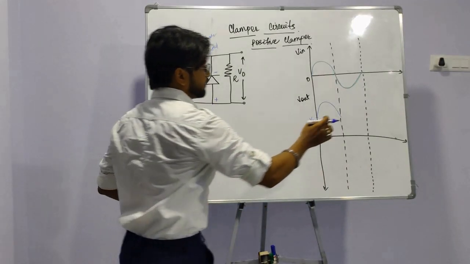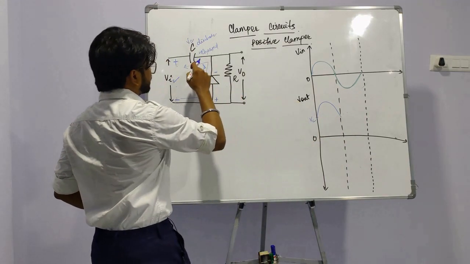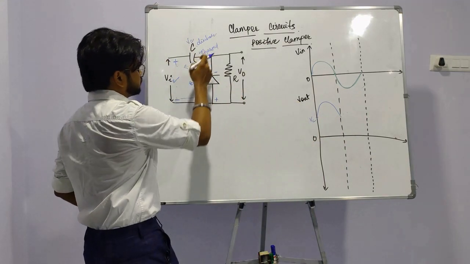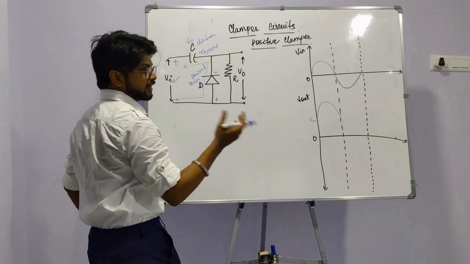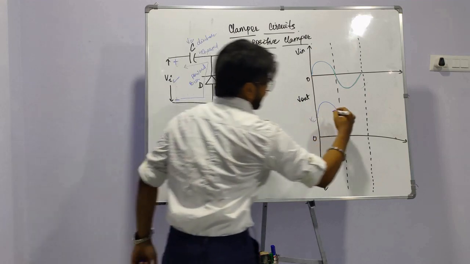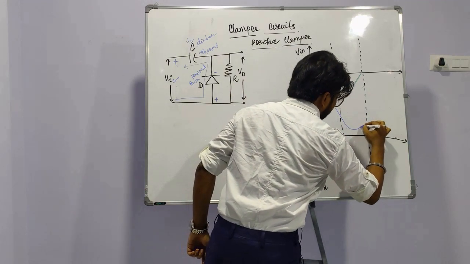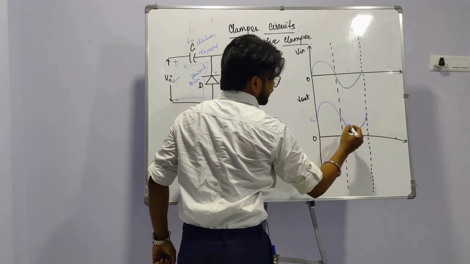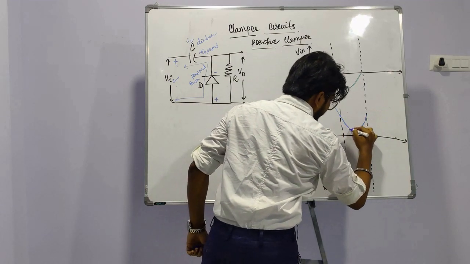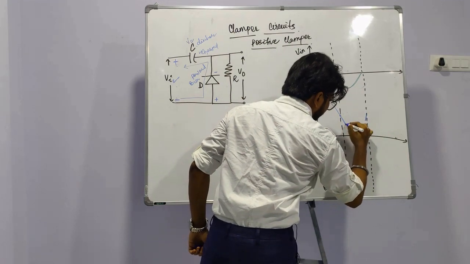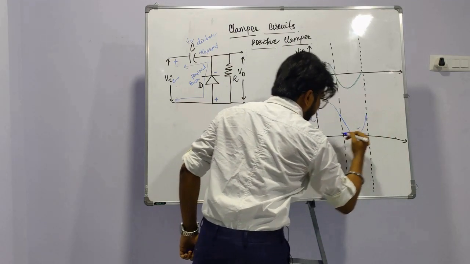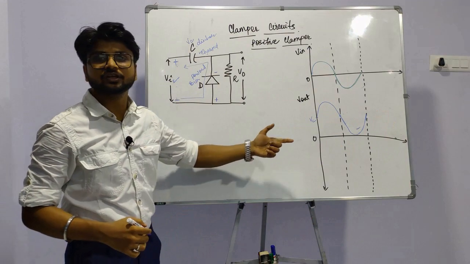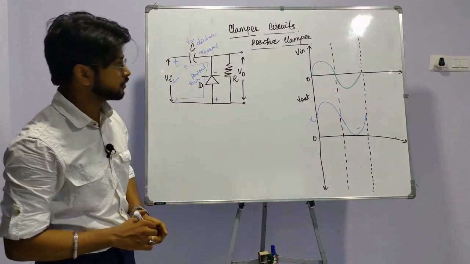Now again in the negative half cycle, the capacitor charges again and the output decreases from this Vc value to this 0 value, and this process continues in further oscillations also.